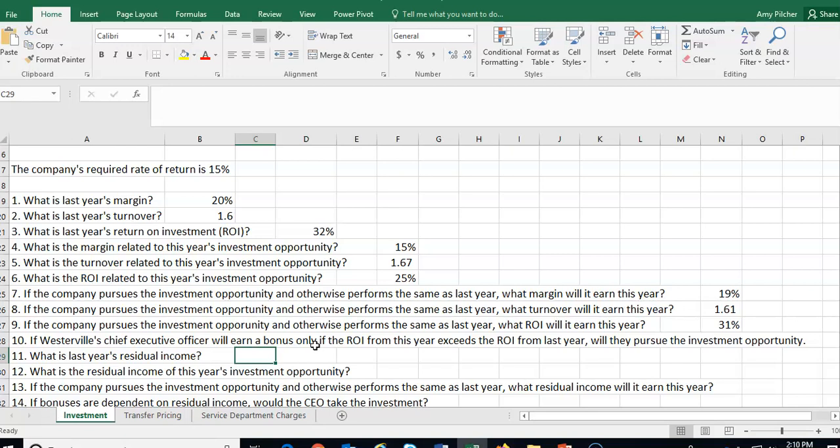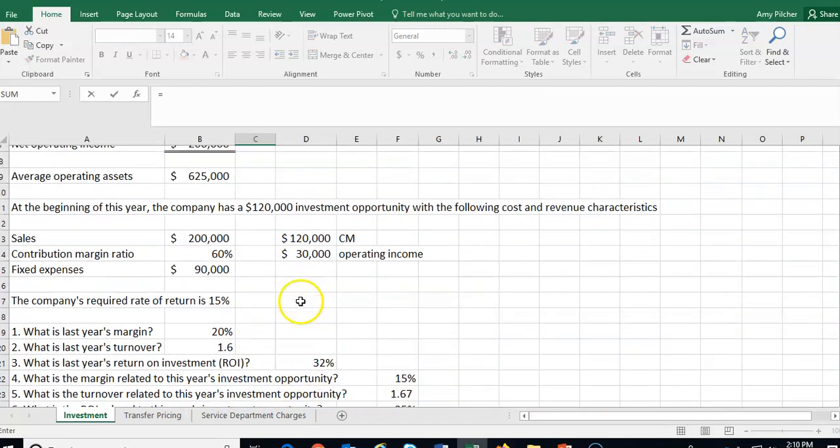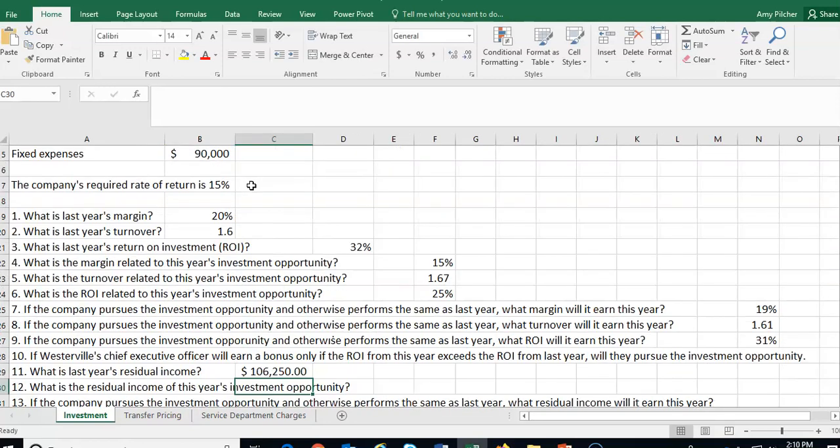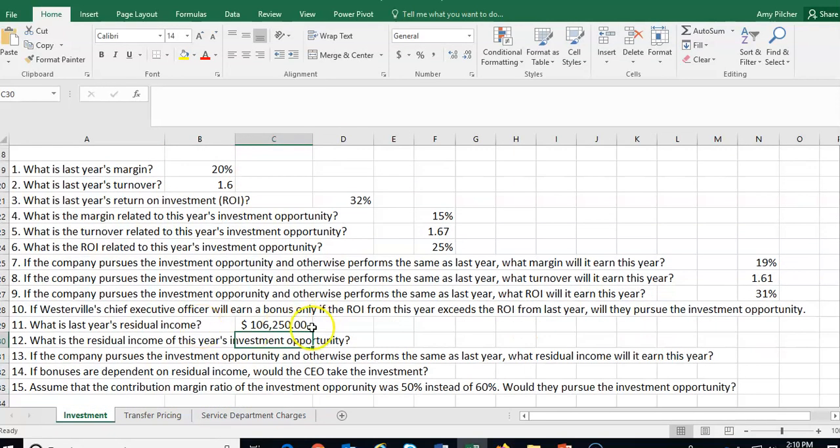So to calculate our residual income last year, we're going to take our operating income of 200,000 minus the average assets, 625,000, times the minimum rate of return of 15%. That gives us a residual income of $106,250.